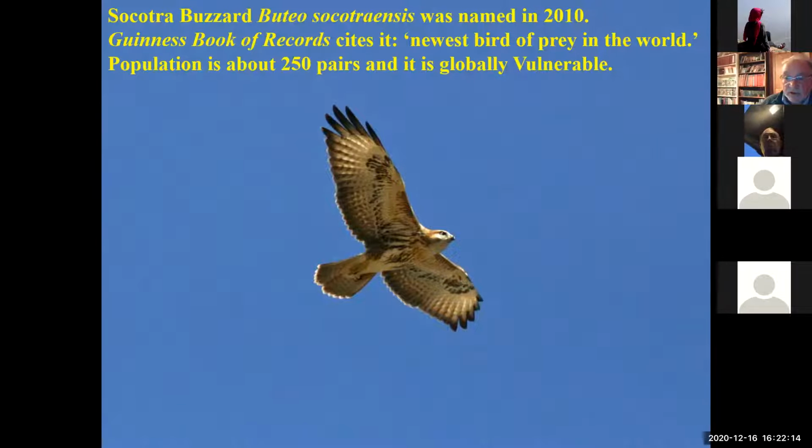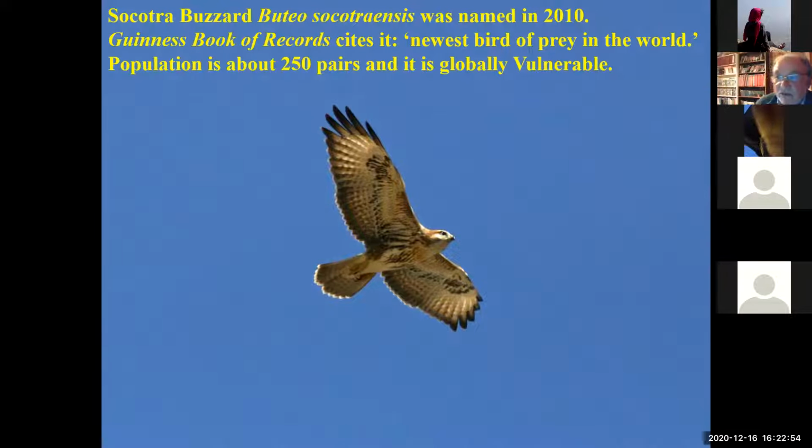And then just to finish on the land birds, the Socotra buzzard. When we first went to Socotra back in 1993, this was a buzzard, Buteo species. People hadn't named it. It was thought perhaps it was a race of the common buzzard. Anyway, it was just sort of left hanging in the air, and we decided that, well, this wasn't good enough.